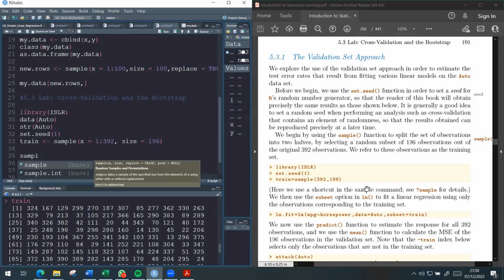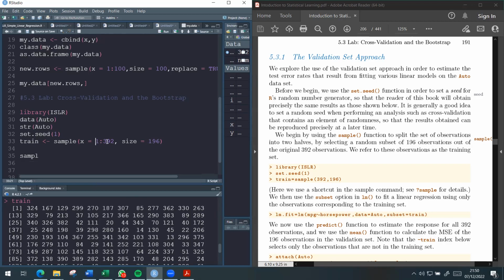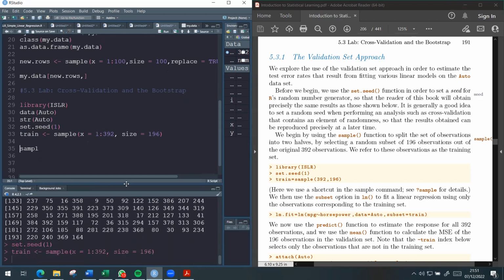So when the book writes sample 392, 196, that means that you're taking the first 392 positive integers, and you're going to take a random sample. You're going to pick 196 of them at random.